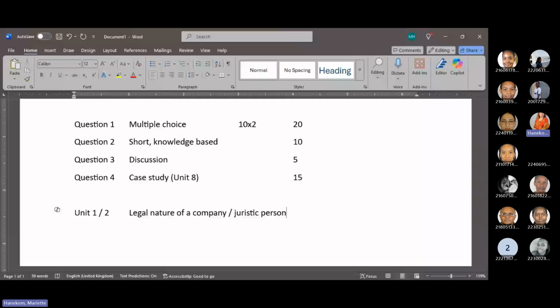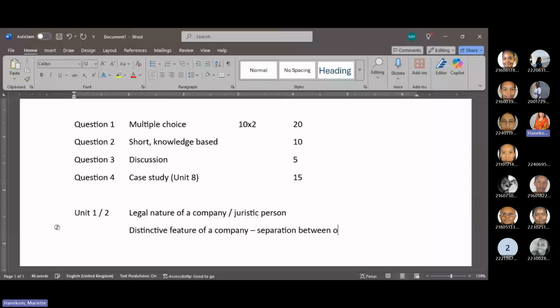And then also already in Unit 2, we came across this distinctive feature of a company, namely the separation between ownership and control.